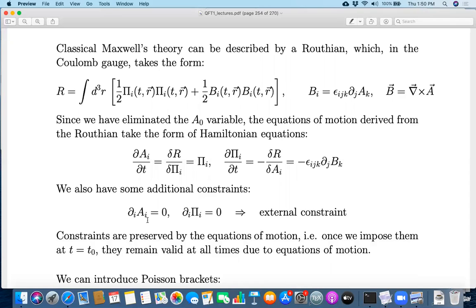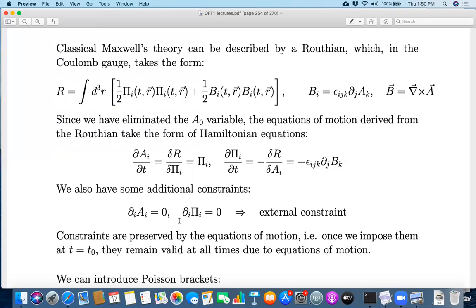So let me quickly go through again how we prove this. To prove that this constraint is preserved by the equations of motion, we calculate the time derivative of this constraint. So the del t you can bring to the right of the spatial derivative. And then we use this equation to write this as del_i pi_i. And that, of course, is 0 by the second constraint.